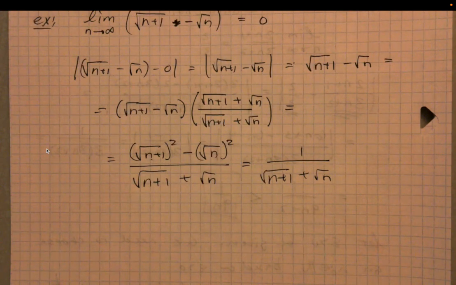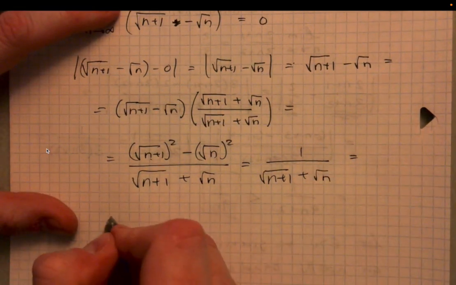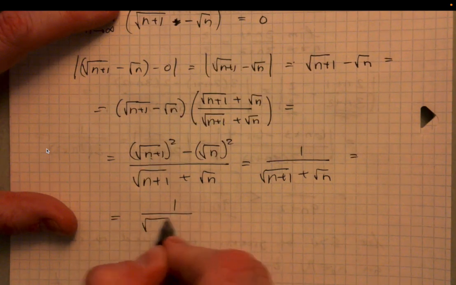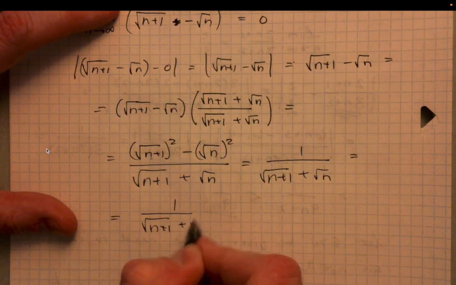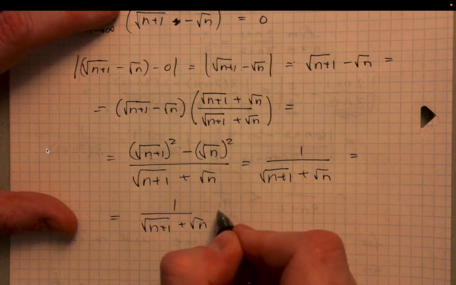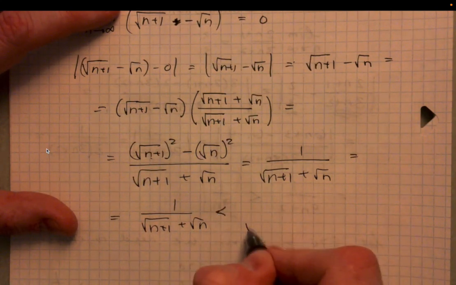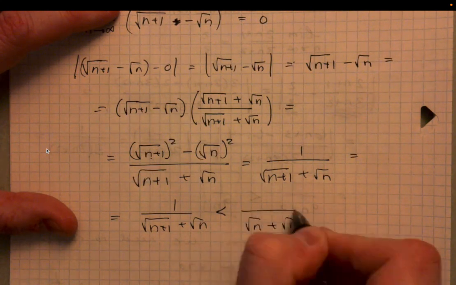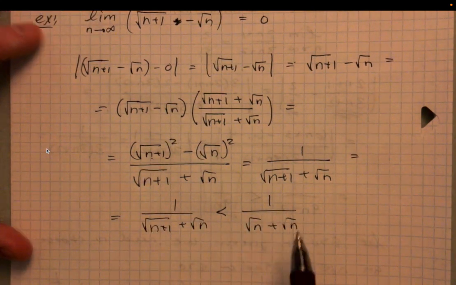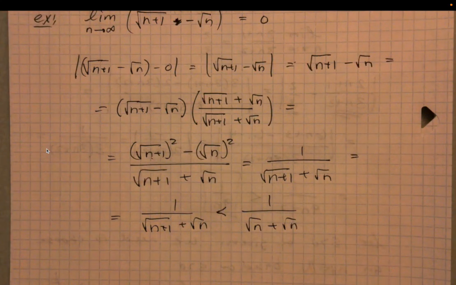Okay. And then we can make some executive decisions here. We know, for example, that the square root of n plus 1 plus the square root of n is a larger number than the square root of n plus the square root of n. And that means that this ratio is going to be smaller than that ratio, ever so slightly. As n gets larger and larger, that difference becomes smaller, but this relationship always holds, right?